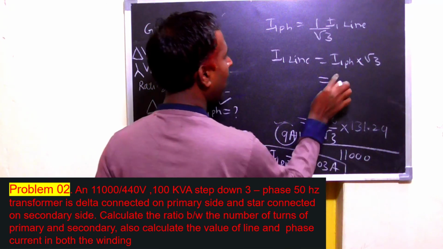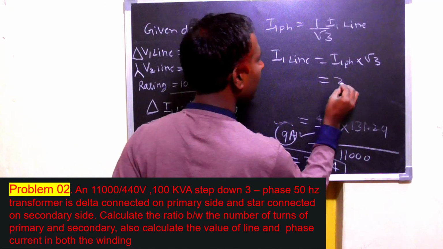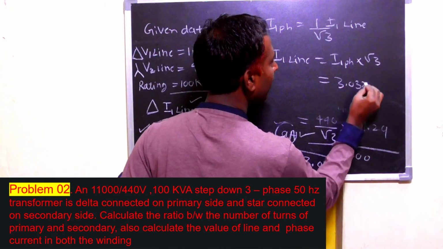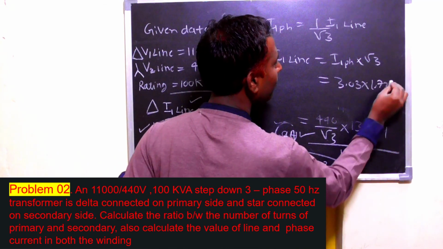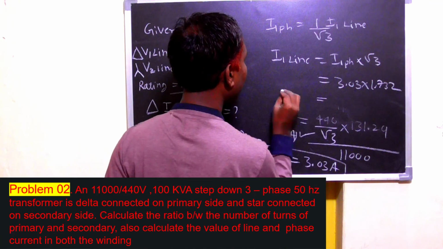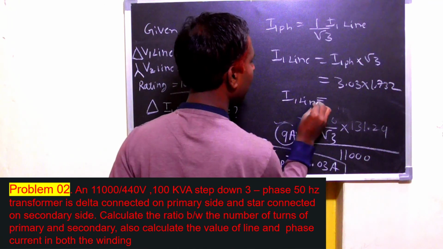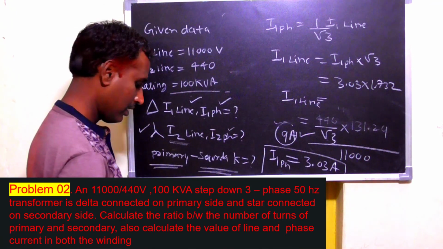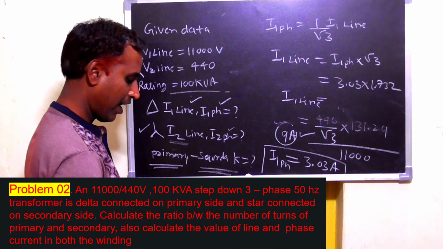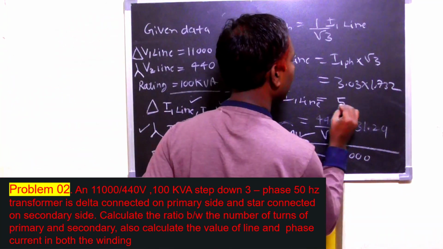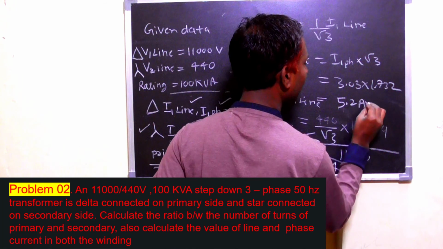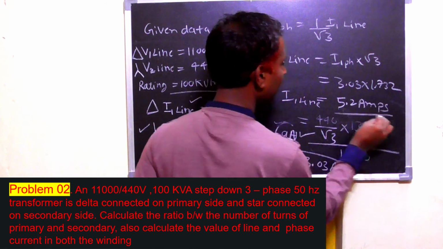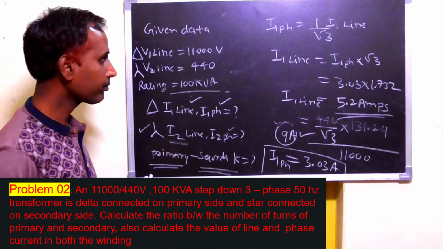I1 phase is 3.03 into 1.732. Okay, I will get I1 line in delta connection, 5.2 amps. So this is the solution.